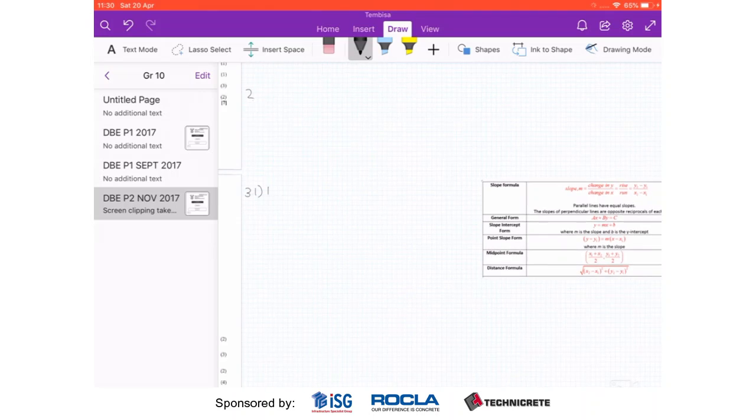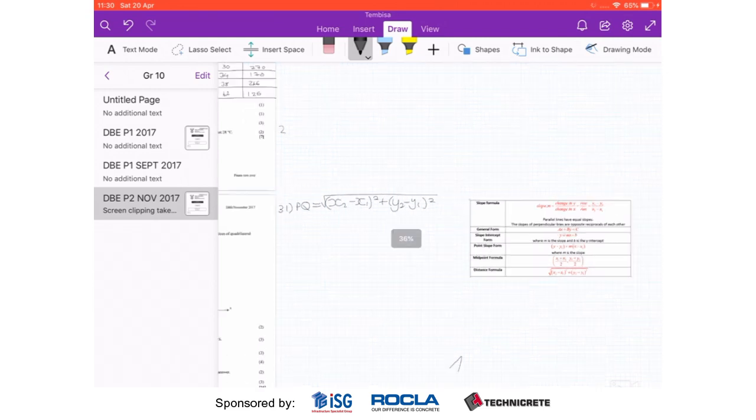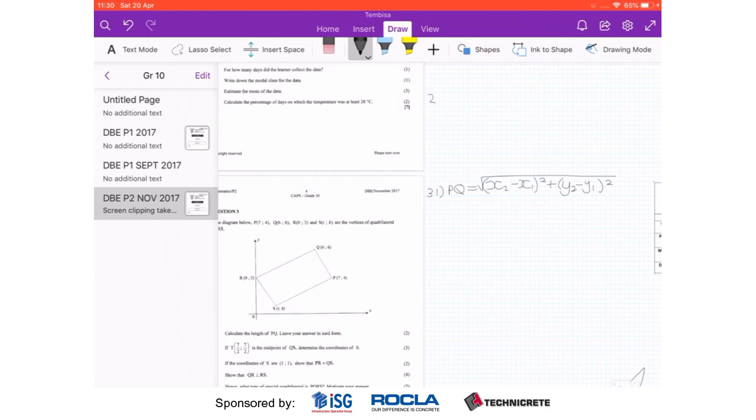So we're finding PQ. My distance formula is x2 minus x1 squared plus y2 minus y1 squared. Now let's take a look at my values that I want to put in there. So my x value of P is 7 minus 6 squared plus 4 minus 6 squared.